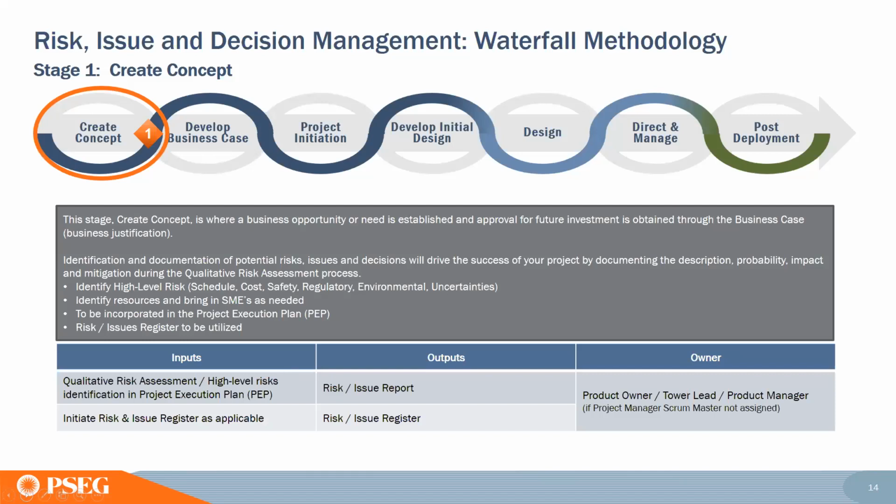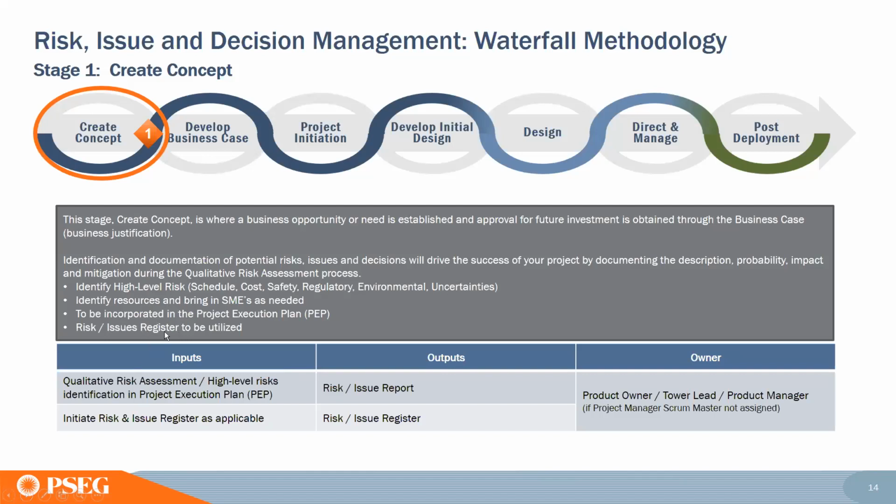So we've looked at this, we've talked about this initially. We're at the create concept phase, and the create concept phase, as we talked about earlier, is where the business has an idea. They have a concept that they would like to have considered for the organization to invest in. At this level, you're identifying high-level risks, you're identifying resources and bringing in subject matter experts as needed.